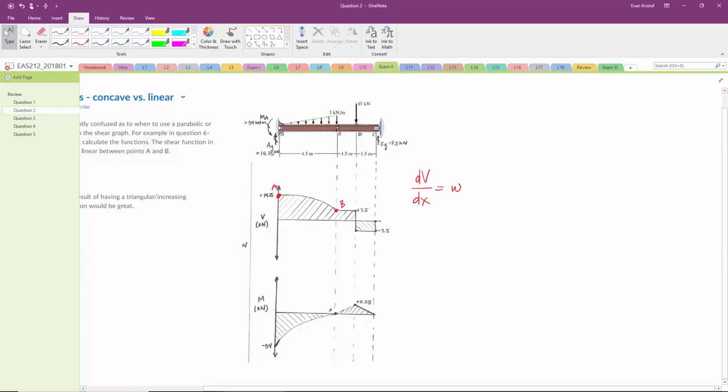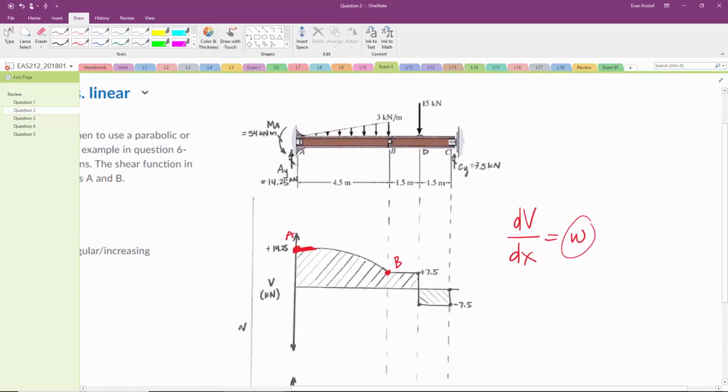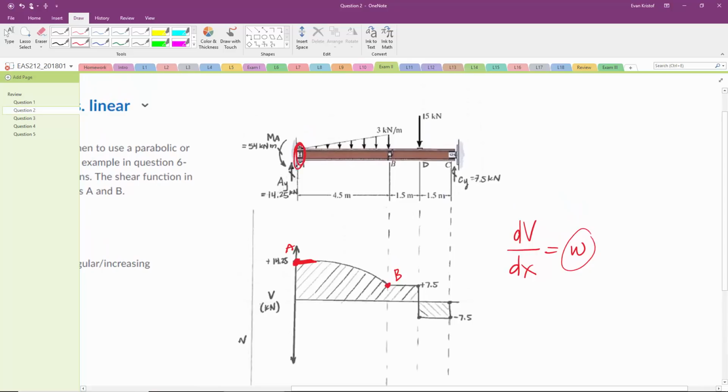With that in mind, the way that I can figure out that the slope at A initially is horizontal, in other words zero slope, is to look at the distributed load value at that same point. So if I go up to the loading diagram at point A, which is right here, the height of this triangle, of this linearly increasing distributed load, is 0.